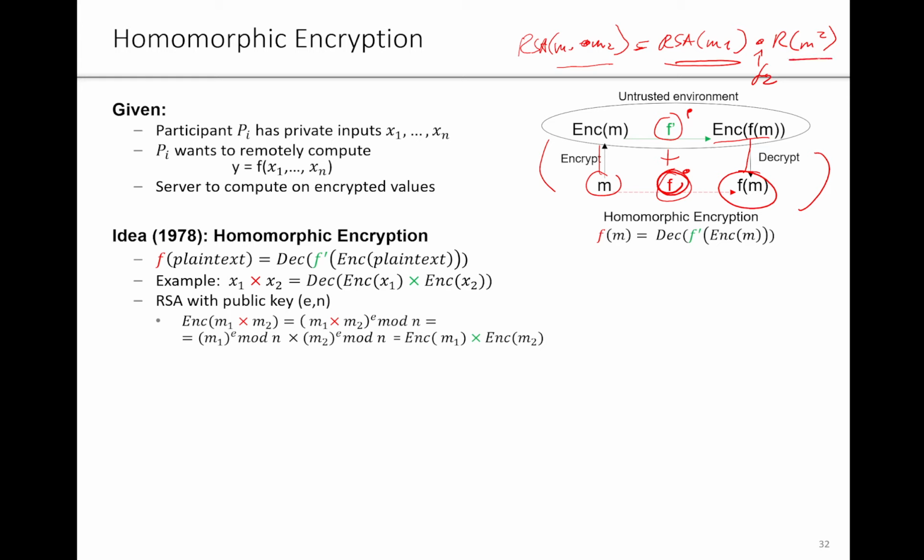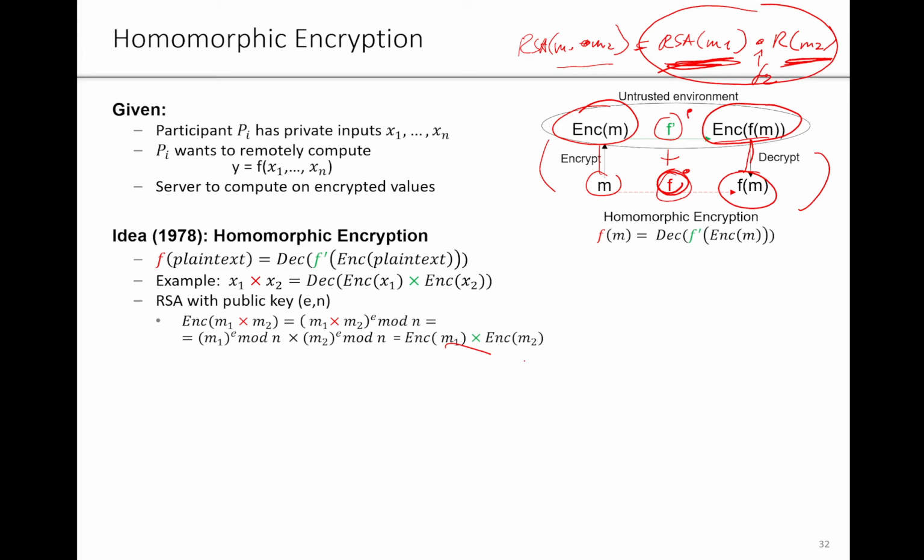We can compute in the encrypted space the encrypted M1 multiplied with the encrypted M2, and once we get this, we can decrypt it and it will be correct again. So this is the simple example.